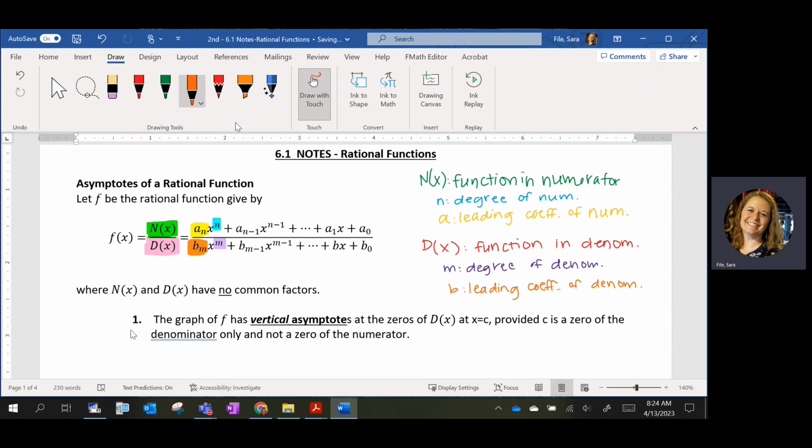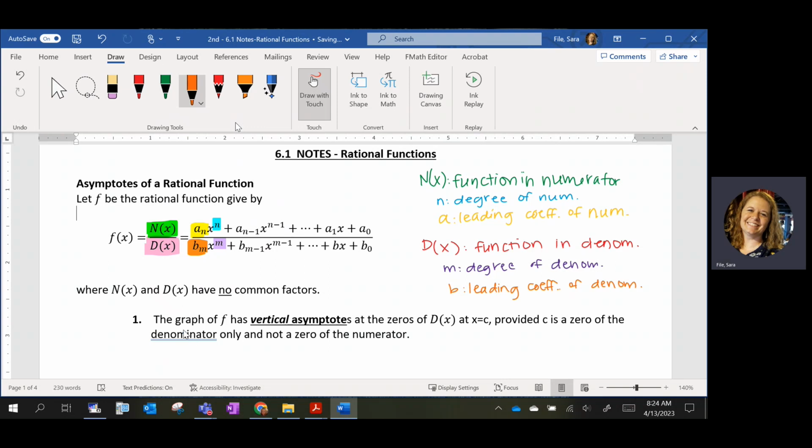All right. So those are the different letters you'll see, the different formats that we're going to refer to in these notes. And that's what all those pieces mean. Okay, so we have the degree of the numerator and denominator, and then the leading coefficient. Okay, and we'll just use capital N of x as the numerator's function and capital D of x as the denominator's function.